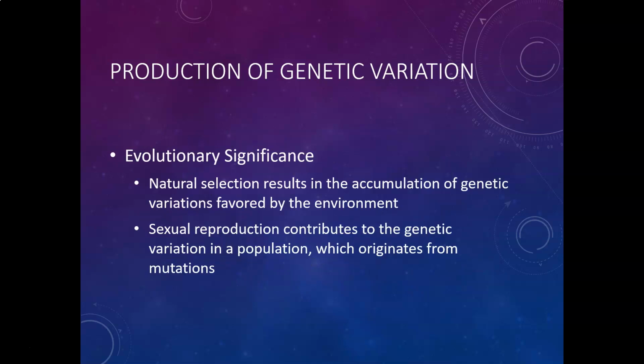So that evolutionary significance is really huge here. Being able to accumulate that genetic variation favors your ability to survive environmental changes. And that sexual reproduction has a huge, huge benefit above and beyond the cost of the energy and finding the mate, producing the offspring, going through the act of mating.